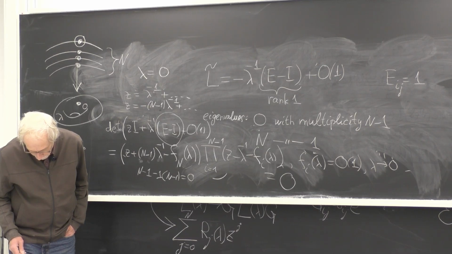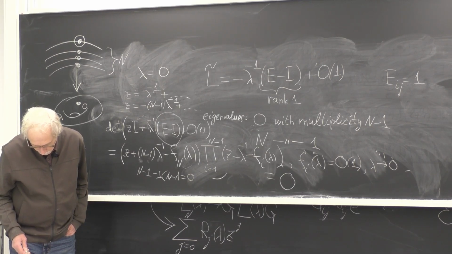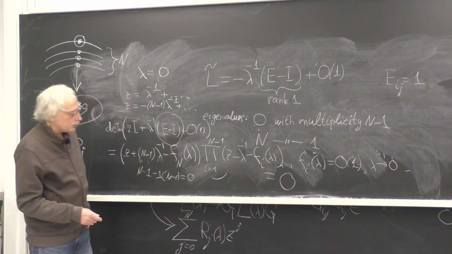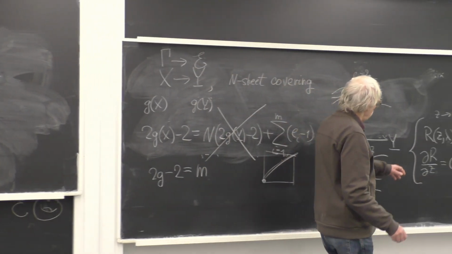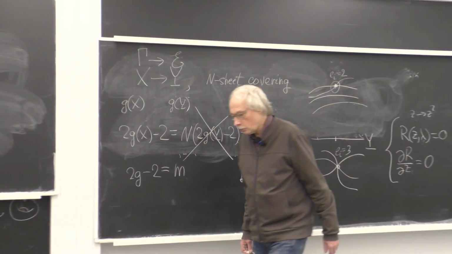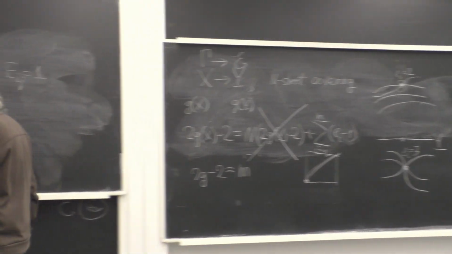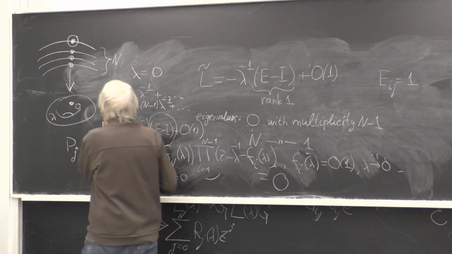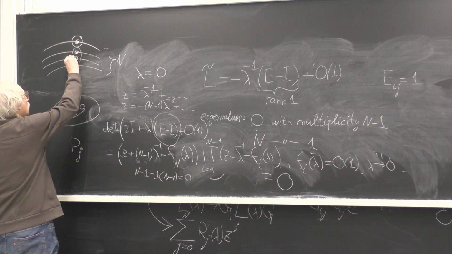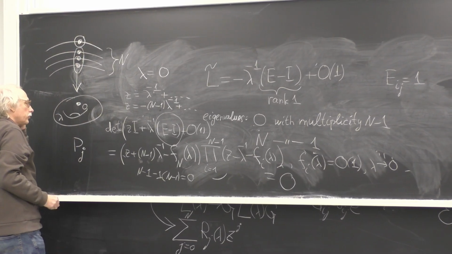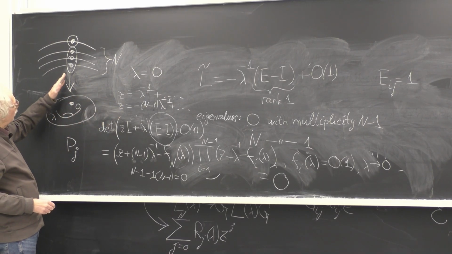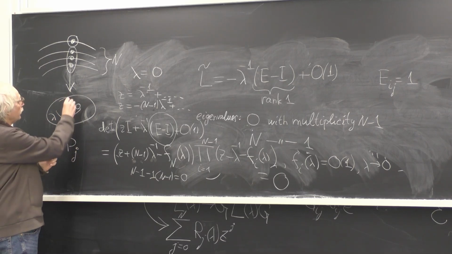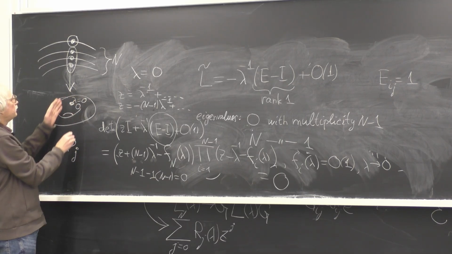You can see that this function, this derivative, has simple poles, and all solutions of that equation lie above the point lambda equals 0.